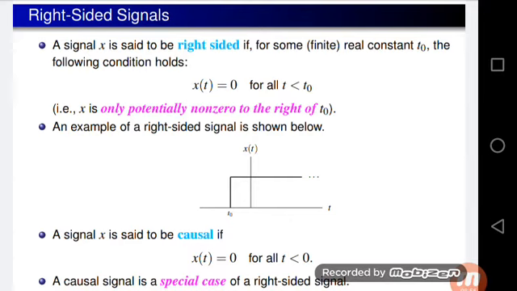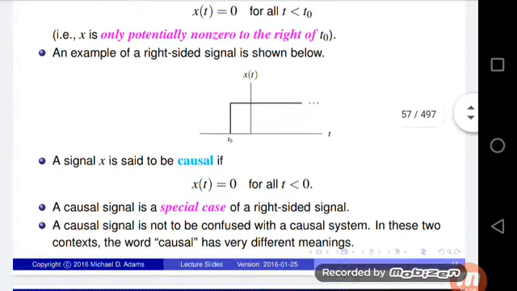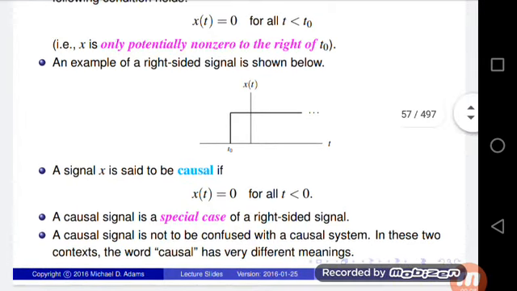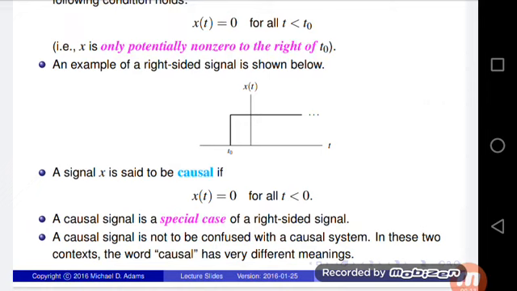A signal x is said to be causal if x of t equal to 0 for all t less than or equal to 0. A causal signal is a special case of a right-sided signal.